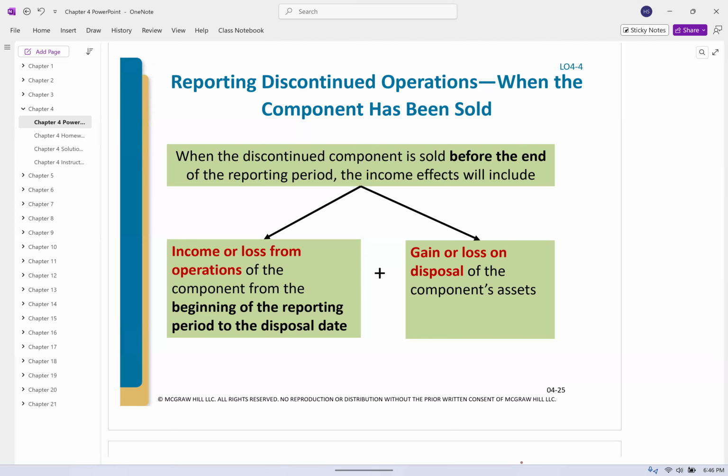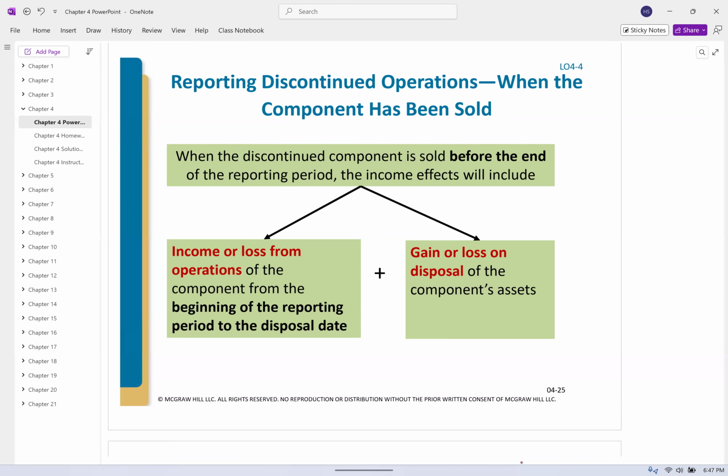Okay. At that point, any income or loss on the operations gets also put into that net of tax number below income from continuing operations. Then we can have the gain or loss on the disposal of that component's assets. Okay. That would also be net of tax.